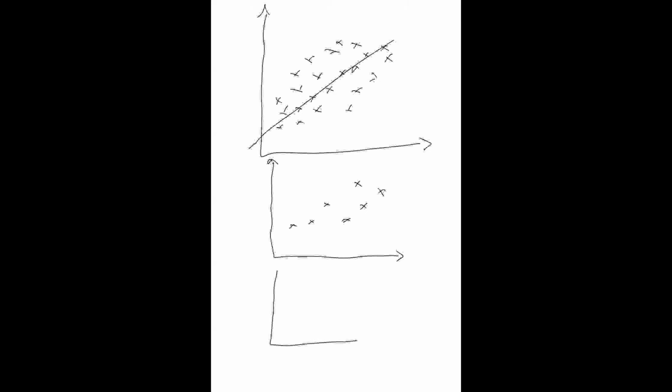Let me draw a smaller graph, so that I can fit in all the other possibilities. Let's say these are our points, and then let's draw another graph down. Let me make it a bit bigger.